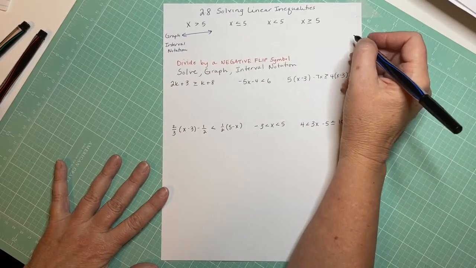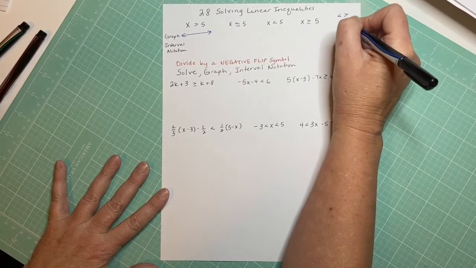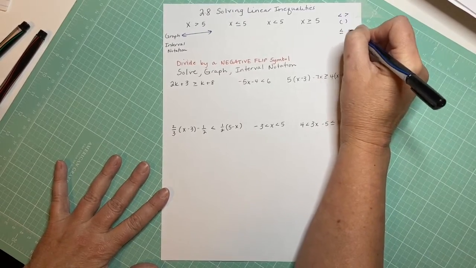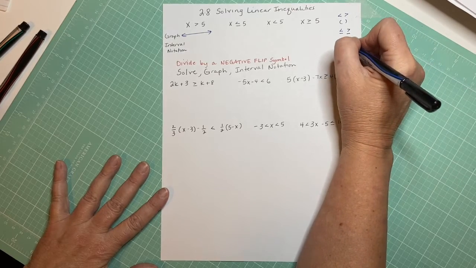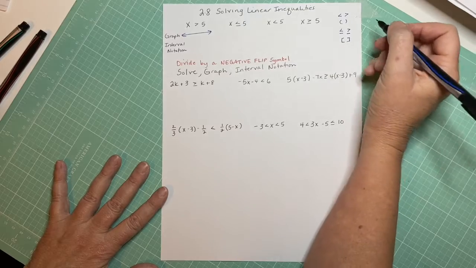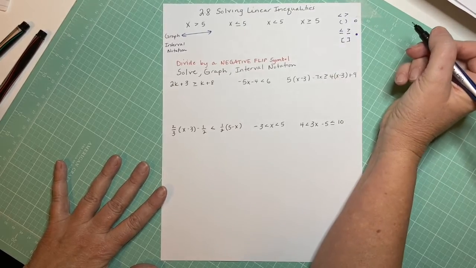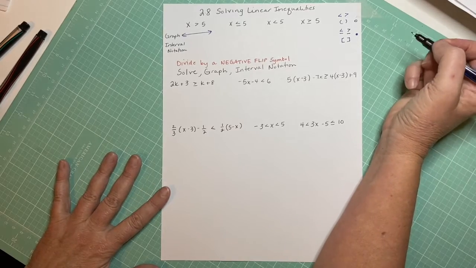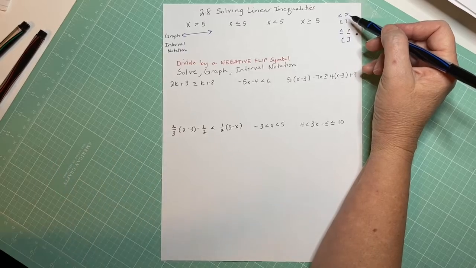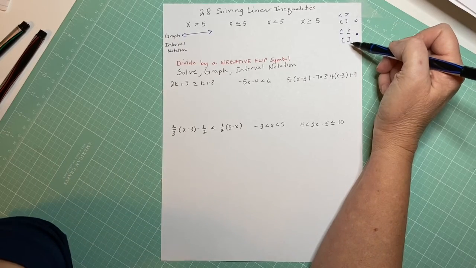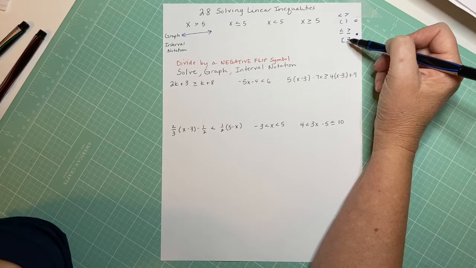For less than and greater than, we're going to use parentheses, and for less than or equal to and greater than or equal to, we're going to use brackets. In high school, you might have used open circles and closed circles, and if you graph it that way, that's perfectly okay. But we're going to write them in interval notation, so if we get in the habit of writing them as parentheses and brackets, it all works into the interval notation.